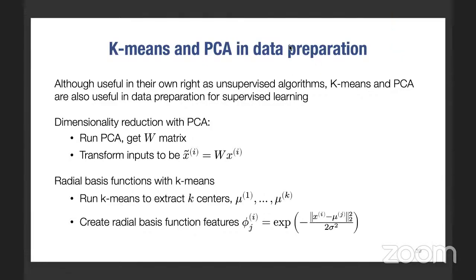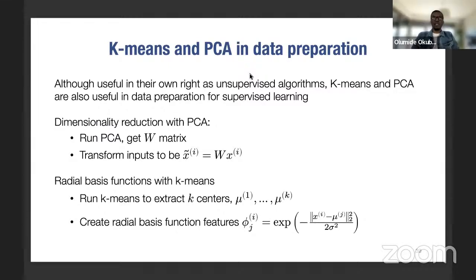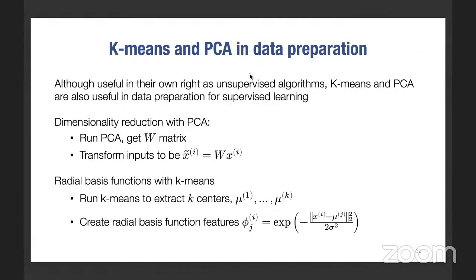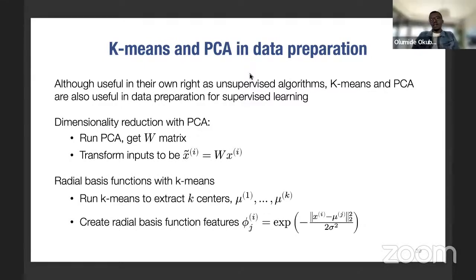When you started this class, you showed us the hypothesis function for unsupervised learning, where we did not have Y, but for supervised learning, we have Y. So are you saying this PCA is giving us a Y we can work with? You can't really say PCA is giving you a Y. You can hypothetically say that K-means is giving you a Y, but your Y is somehow biased; it depends on the number of centers that you put.